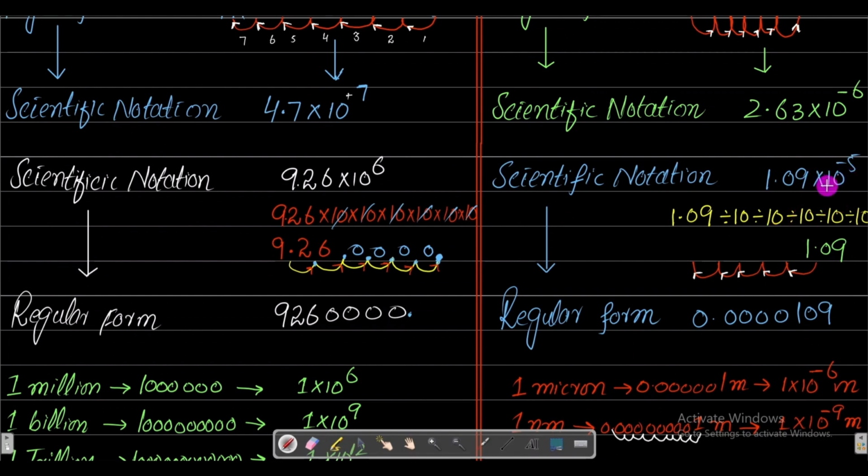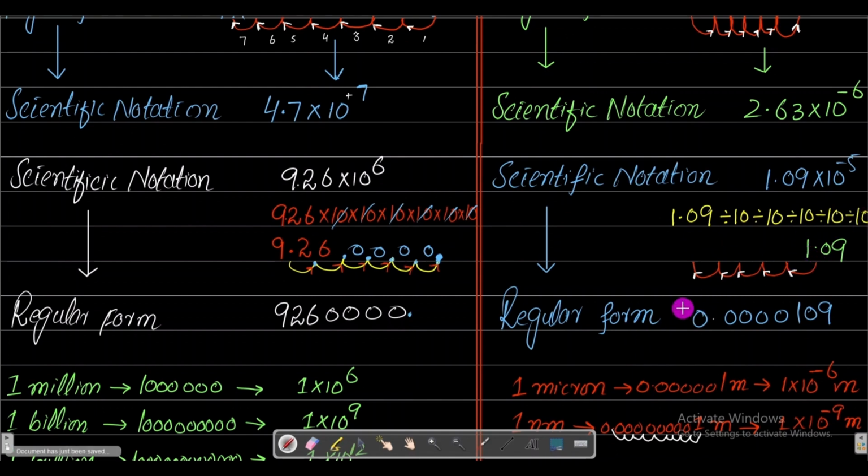Here we know that 10 power minus 5 indicates that we will divide this number 5 times by 10. So the same scenario is present here. We take the same number 1.09 and divide it 5 times by 10.